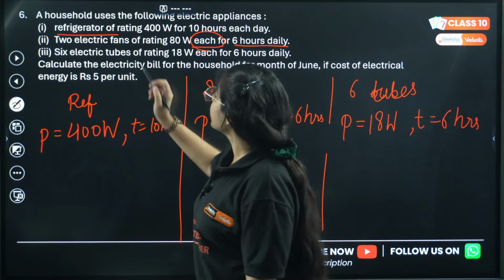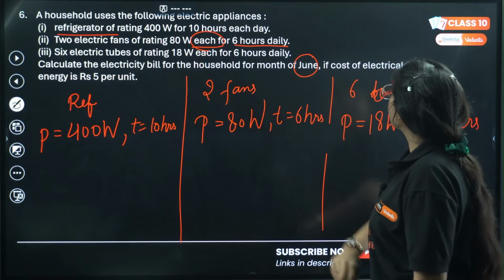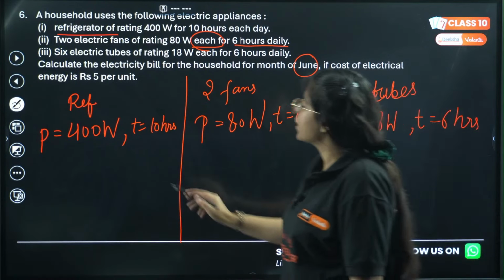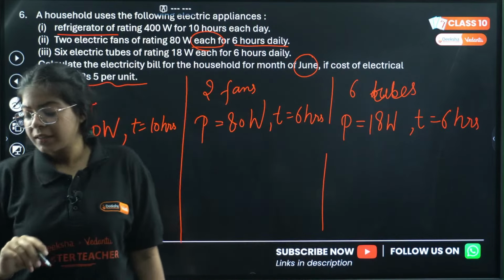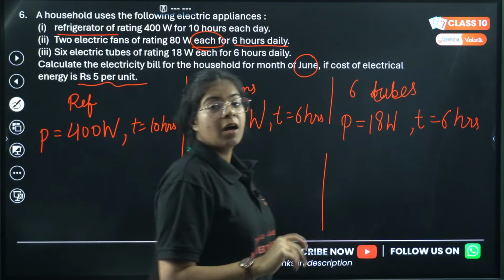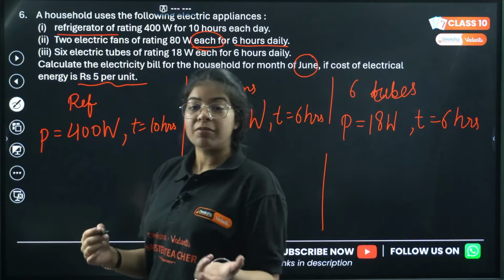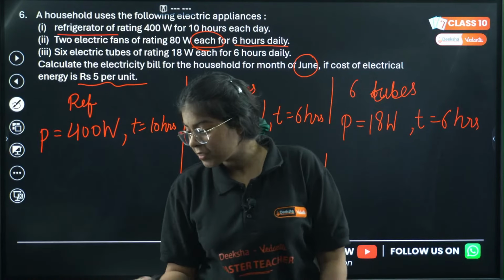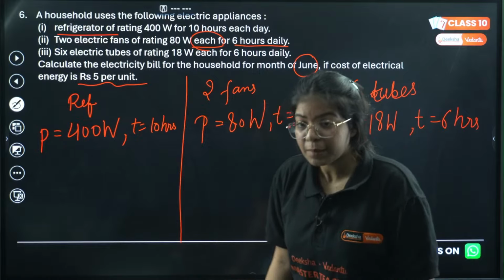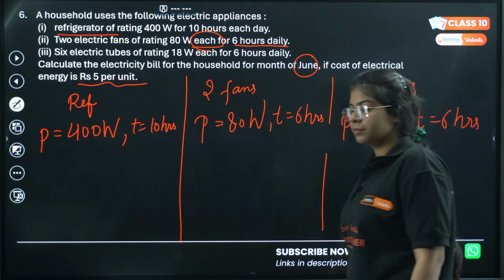Calculate the electricity bill for the household for the month of June if the cost of electrical energy is 5 per unit. Now keep in mind the month they have given. For June, do we have 30 days or 31 days? So we will have to multiply accordingly, correct? Can you give me the answer to this question? It's a little bit tricky, it needs a bit of calculation, but can you solve it?